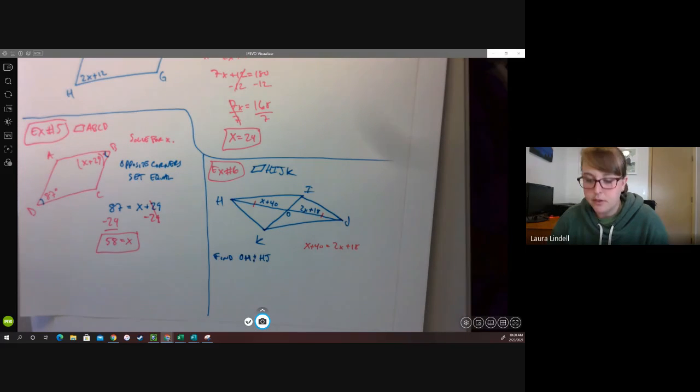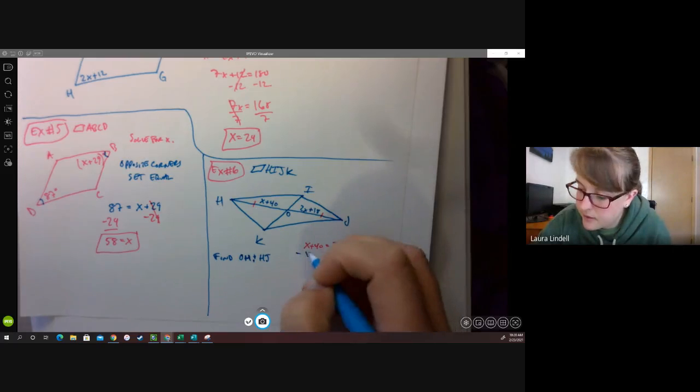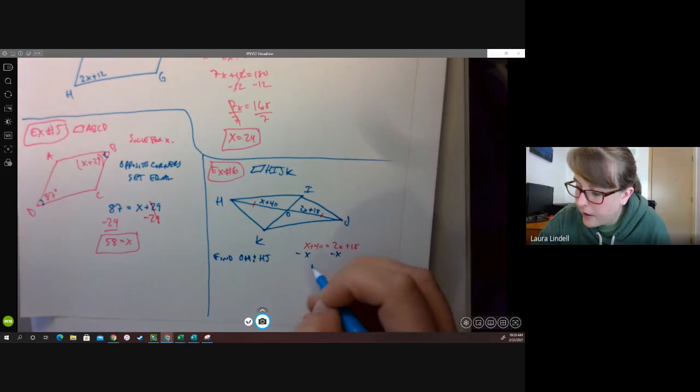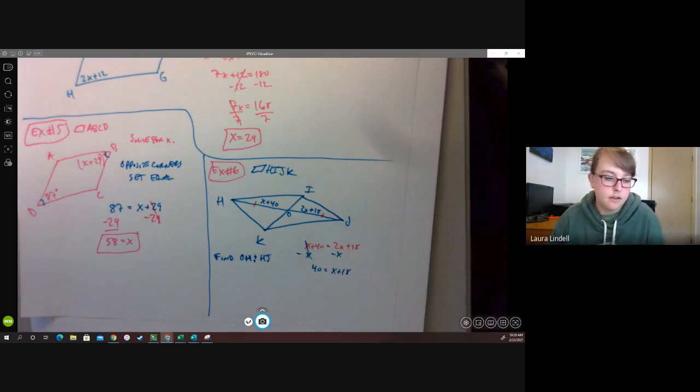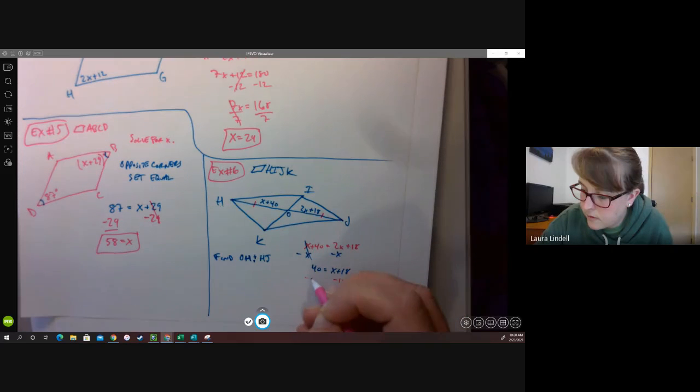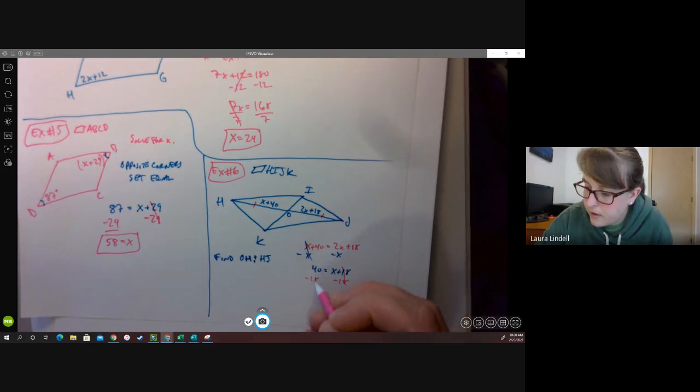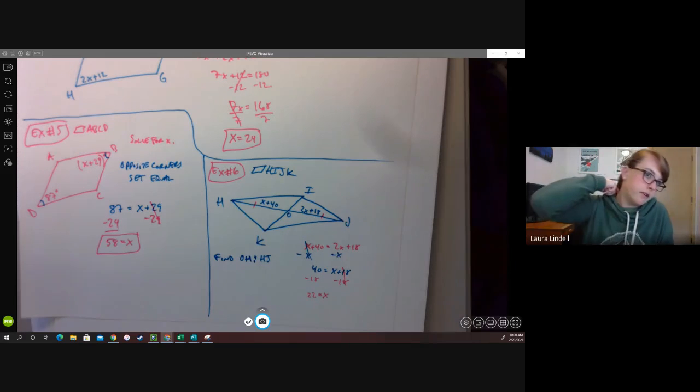First thing I'm going to do is subtract x from both sides to get 40 equals x plus 18. Then we'll subtract 18 from both sides. So we get 22 equals x. So that's the first part of our solution.